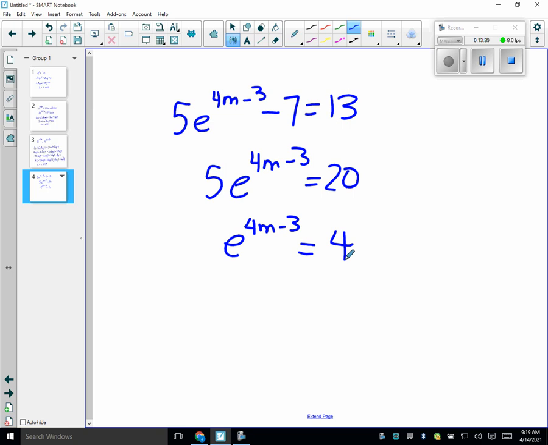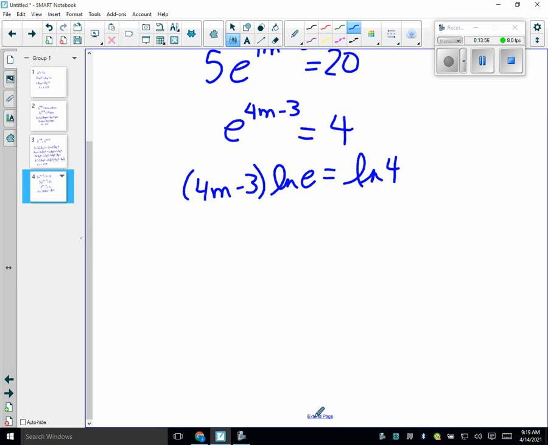That's the only difference. We work the problems the same. So I have 4m minus 3 times ln of e equals ln of 4. Do you agree with that? Question: I know that a log base e is like ln, so doesn't the ln already include e?